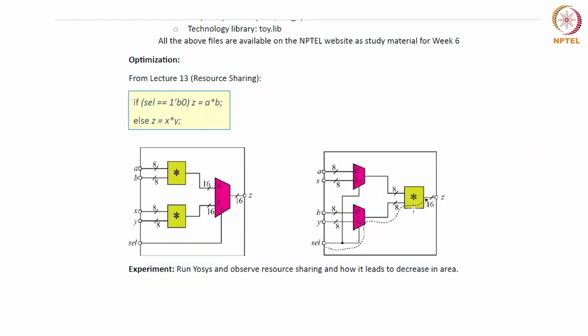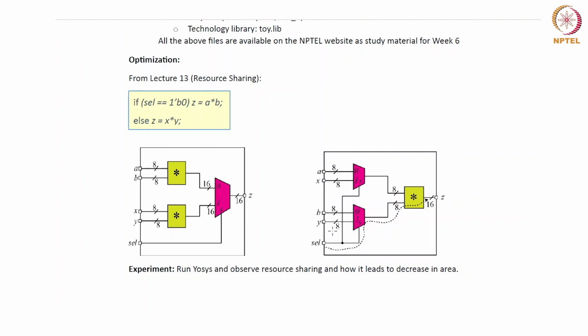In this case we are using only one multiplier, and the multiplier gets its input through the multiplexer. Either A and B or x and y are supplied as input to the multiplier, and finally z produces either A multiplied by B or x multiplied by y depending on the value of the select signal.